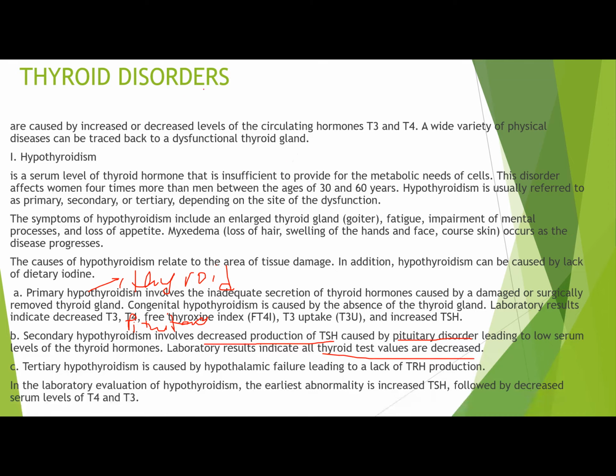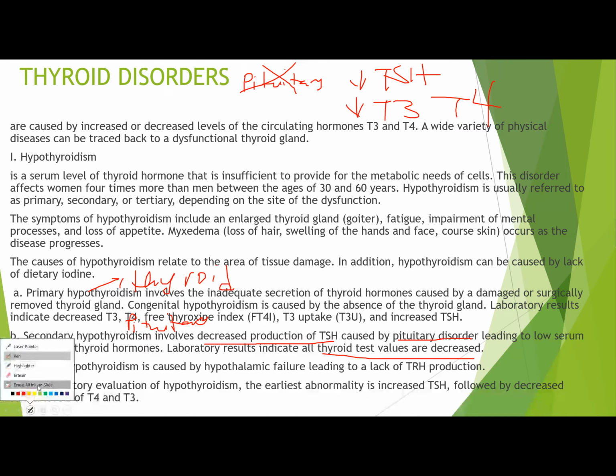Bakit? Sa secondary naman, ang may problema this time is si pituitary. Since si pituitary nyo, wala siya, malamang walang TSH or decrease ang TSH nyo. And kapag decrease ang TSH mo, kahit naman may thyroid ka, mababa pa rin yung T3 at T4 nyo.